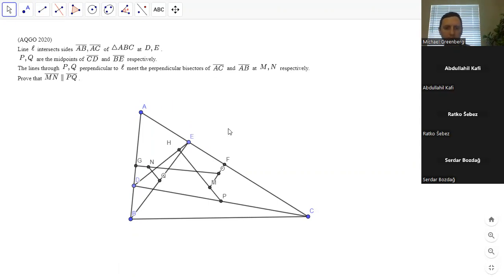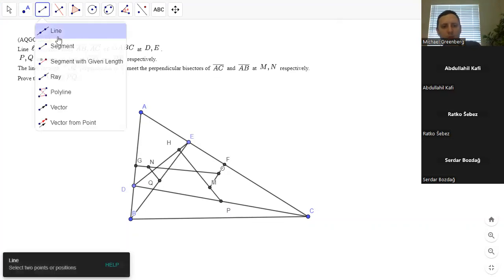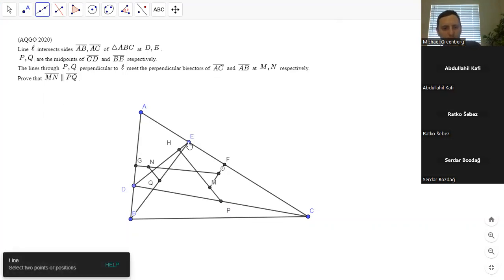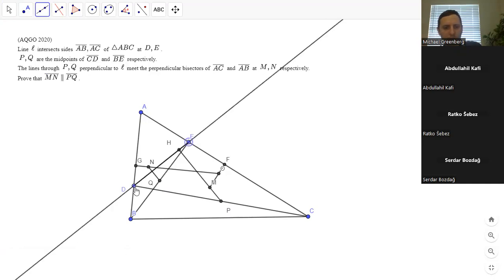So M and N are where it meets the 2 perpendicular bisectors, and we want to show MN is parallel to PQ. Okay. This almost looks a little bit like the Gauss line, because you have the midpoint of this, the midpoint of this. I don't know if it's worth drawing the other midpoint, but it would pass through that.